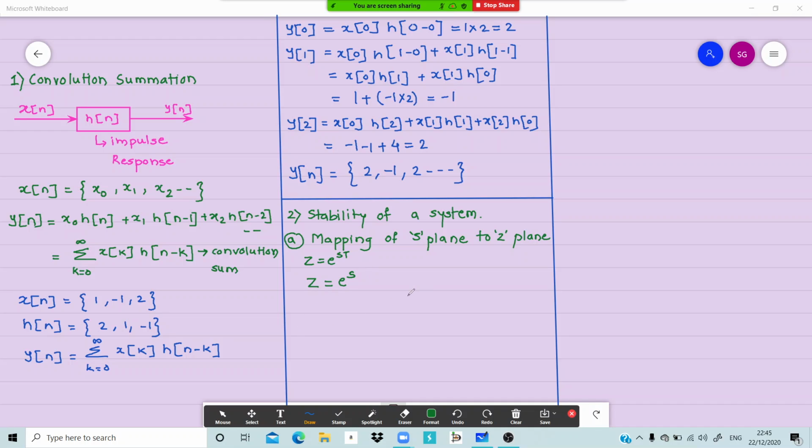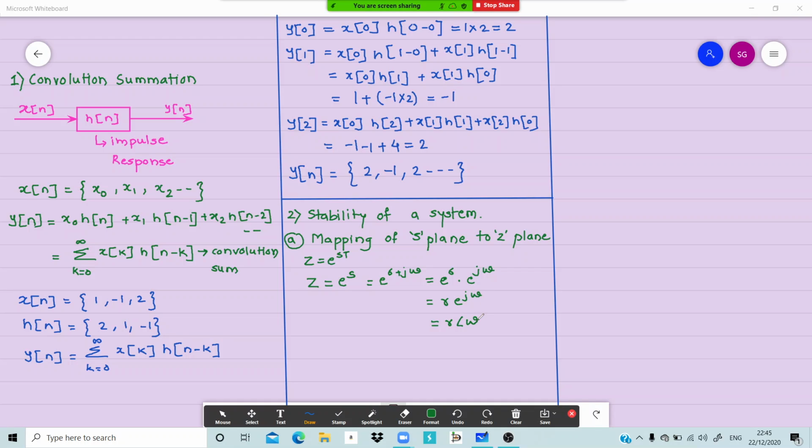Now e raised to s, I'll be able to write as e raised to sigma plus j omega. So if I separate it, it is going to be e raised to sigma into e raised to j omega.